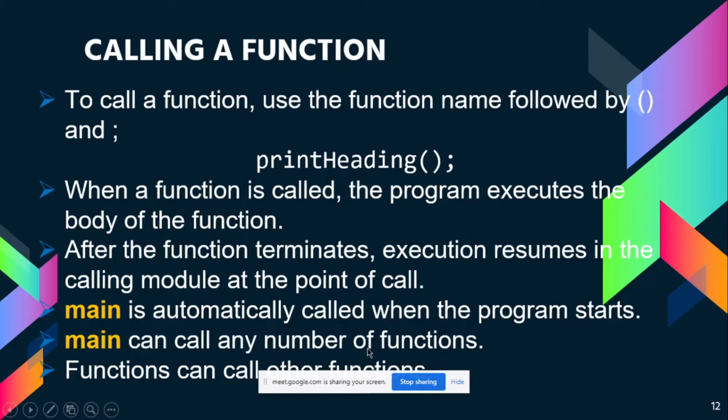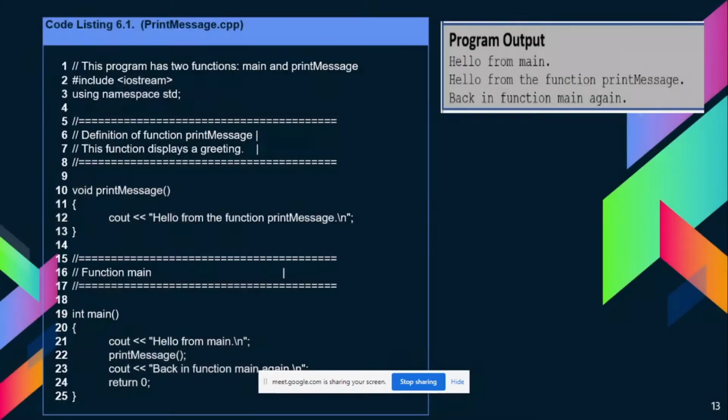Main can call any number of functions, and functions can call other functions. Main is a function, but it can also call other functions outside the main function. Later we will test it.